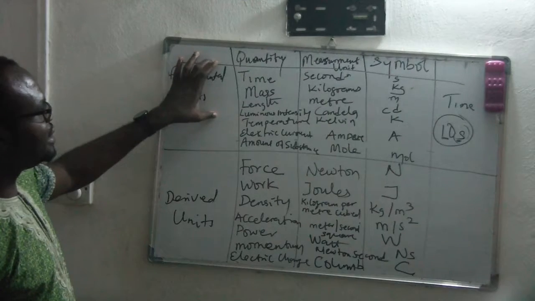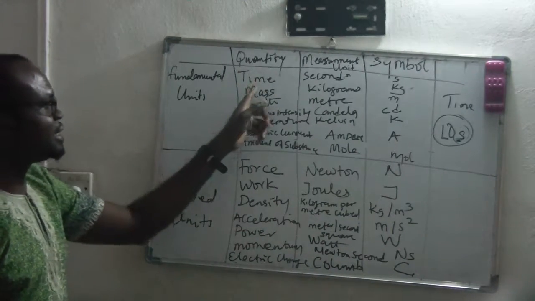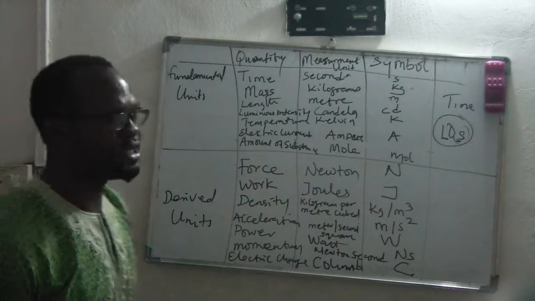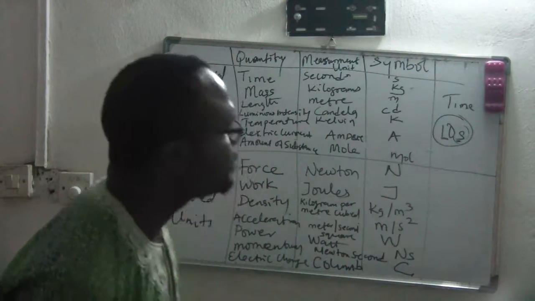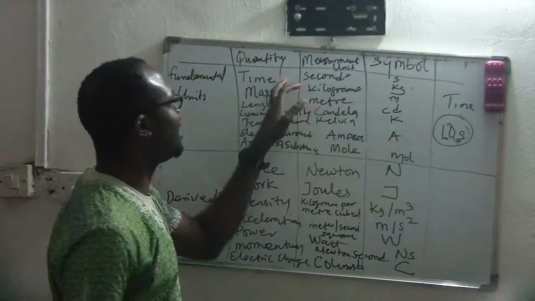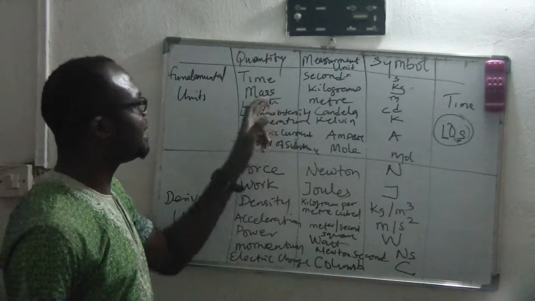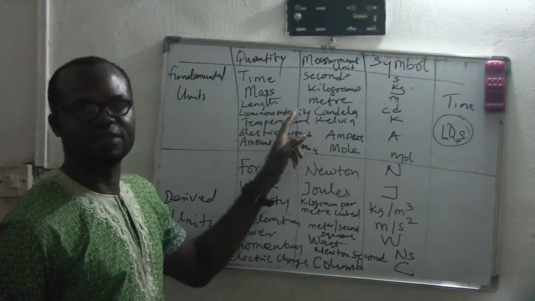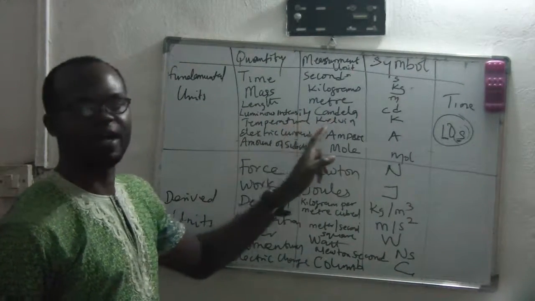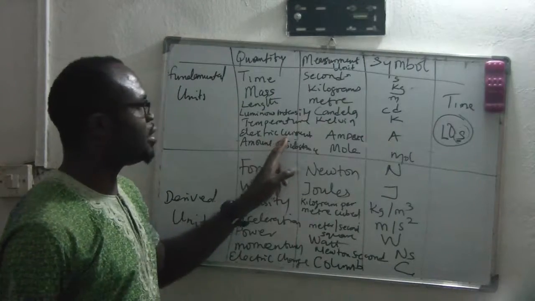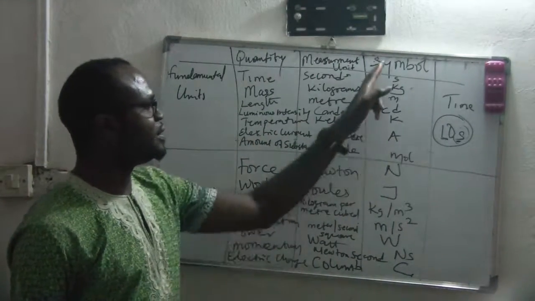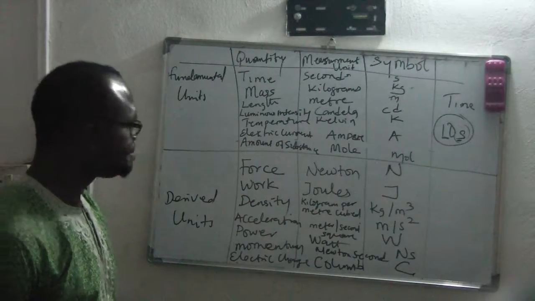The fundamental units are the units for quantities like time, mass, length, luminous intensity, temperature, electric current, and amount of substance. Their units are: for time we have seconds, for mass kilogram, for length meter, for luminous intensity candela, for temperature Kelvin, for electric current ampere, for amount of substance mole, and those are their symbols.